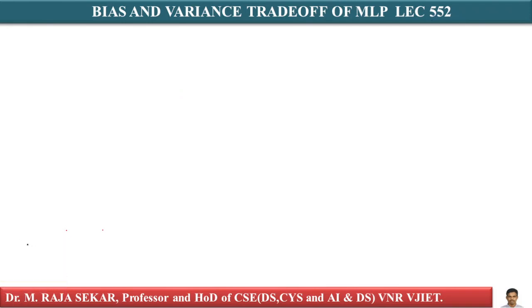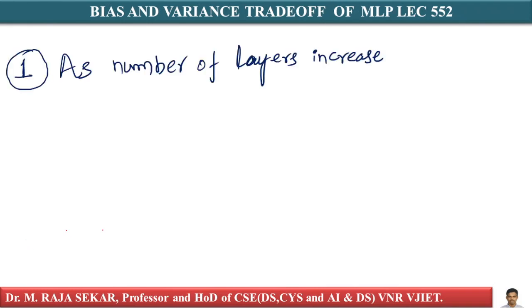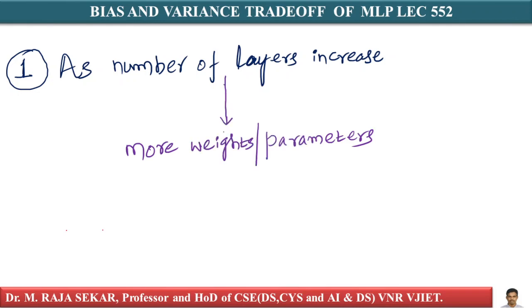In this lecture, we will try to understand the bias variance trade-off of neural networks or multi-layer perceptron. The first thing is, as the number of layers increase, what happens? You have more weights or parameters that we eventually learn for the model.